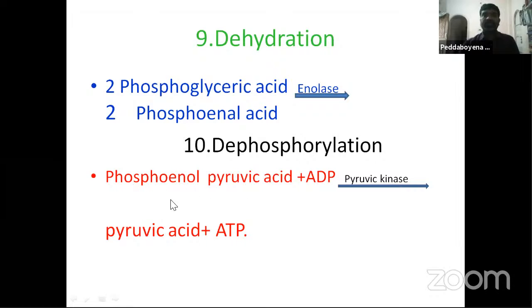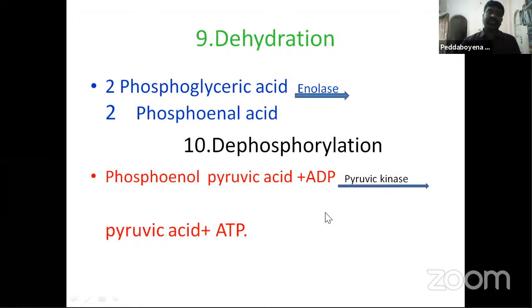Phosphoenol pyruvic acid, PEP generally. Here one phosphate is added to the ADP, and ATP is formed. So phosphoenol pyruvic acid is converted into pyruvic acid, catalyzed by the specific enzyme pyruvate kinase.